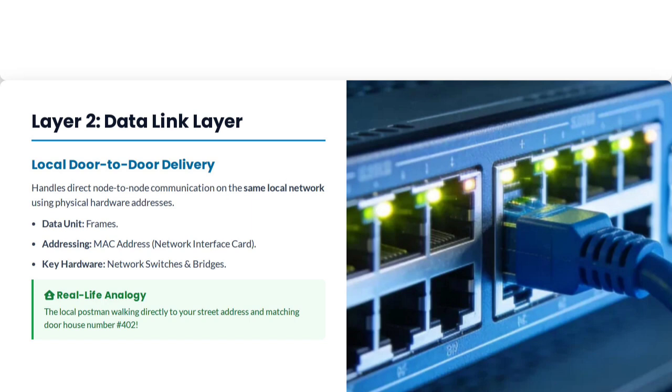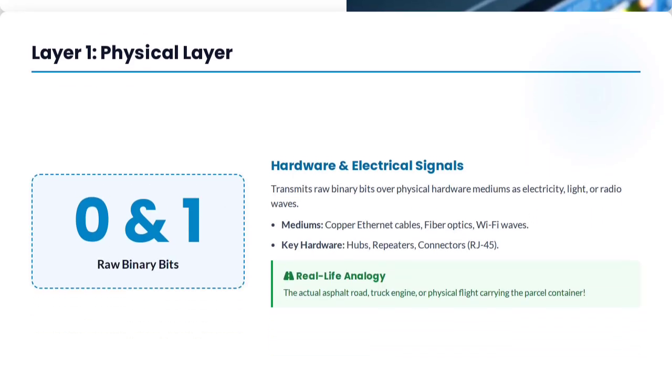It uses a physical hardware address called a MAC address, found on your network interface card, and works through a switch. A real life example: think of the local postman walking down your street, checking the door plate and dropping the letter right into a house door.